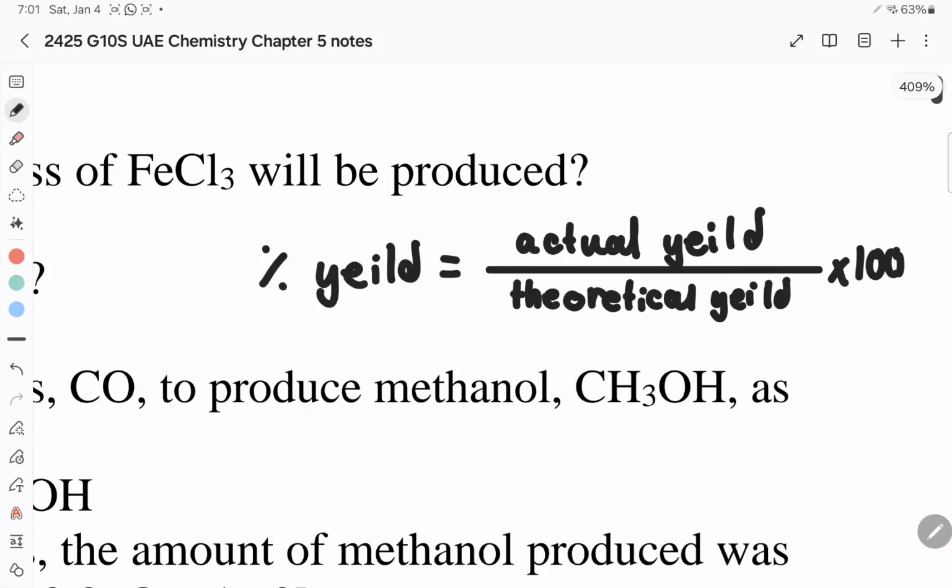Your theoretical yield is the yield you get when you do RR and GR with the limiting reagent.